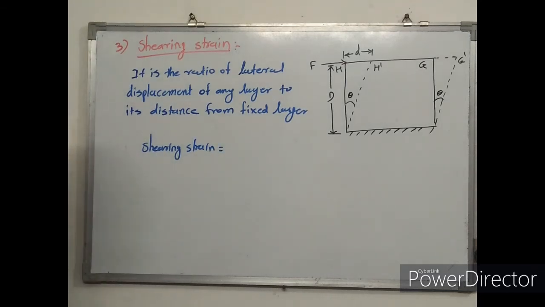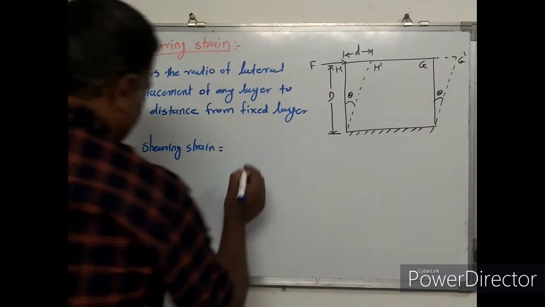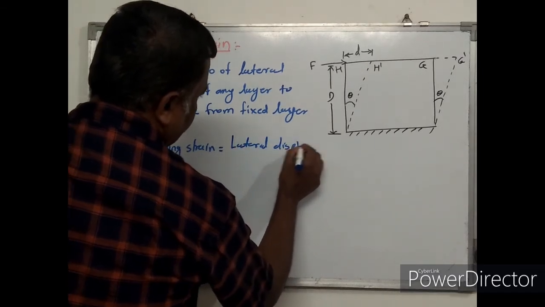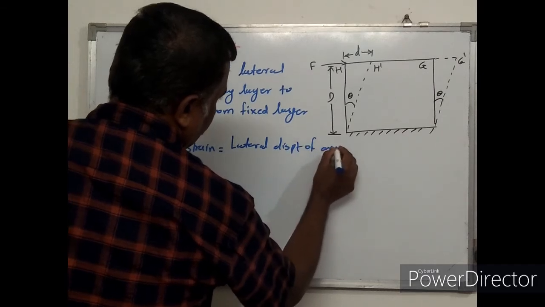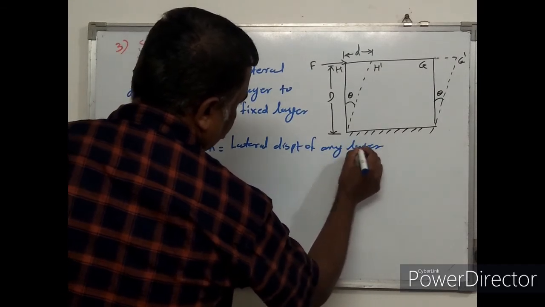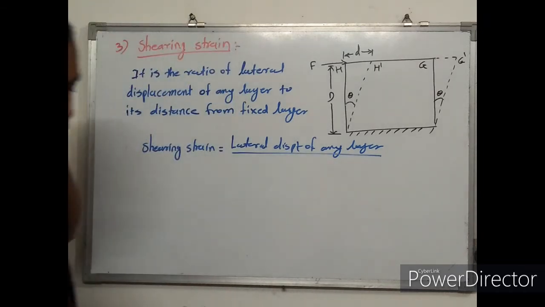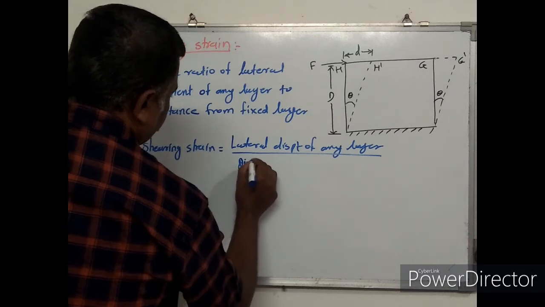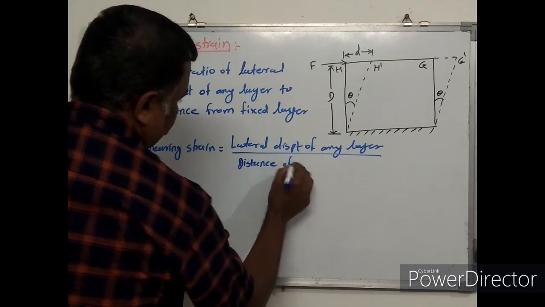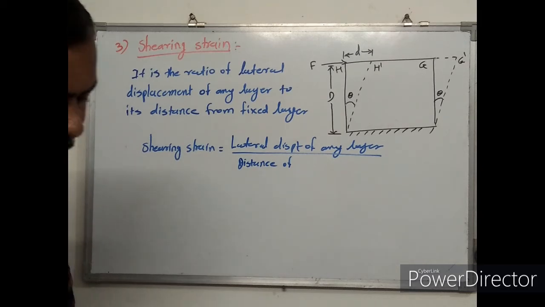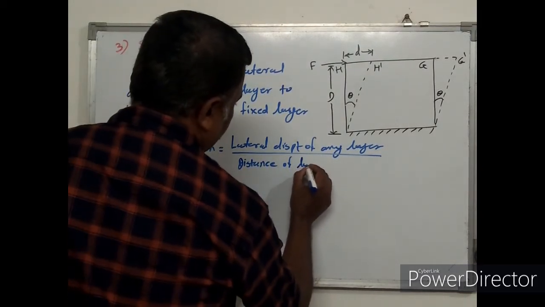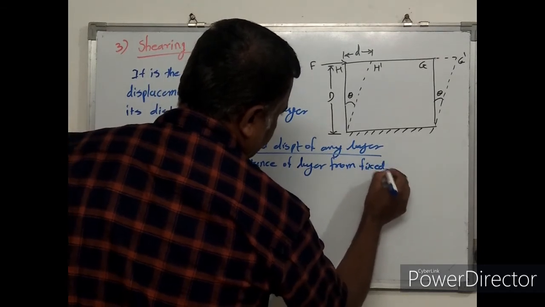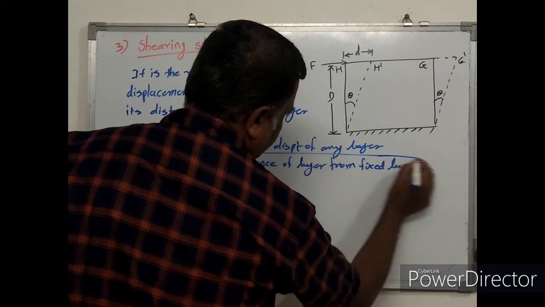is equal to lateral displacement of any layer divided by distance of layer from fixed layer, right?